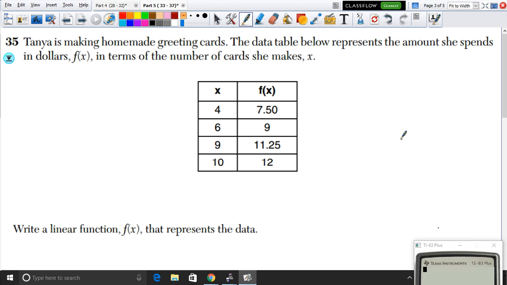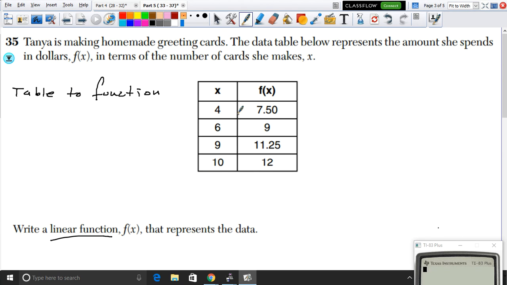Now, what we want to do here is write a linear function, f of x, that represents the data. We've been given a table of values, and out of this table of values, we need to write a linear function. So we're going from table to function, because that's exactly what they're asking us.